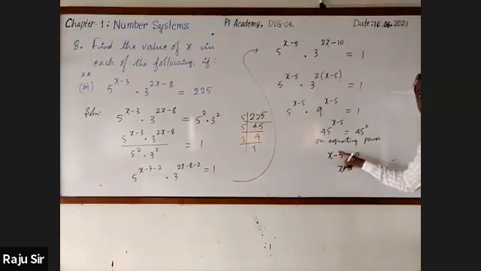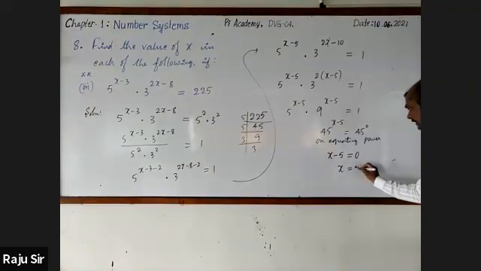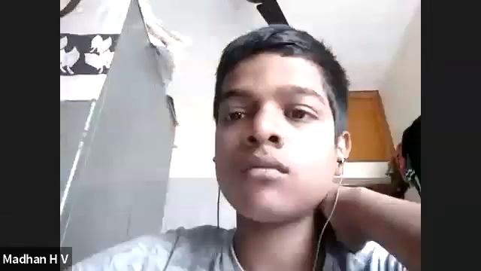We want x equal to 0. Transfer minus 5 to the right hand side. It becomes plus. It is x equal to 5.